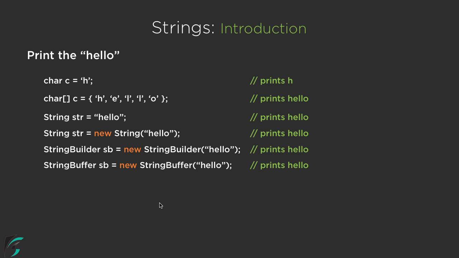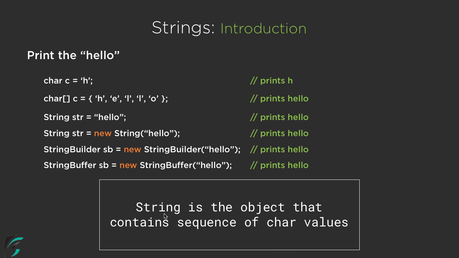At the end, I would like to define a string in Java as an object that contains a sequence of character values, and it can be created with the help of the String class, StringBuilder and StringBuffer. The concepts of StringBuilder and StringBuffer we will explore separately in our upcoming videos. As of now, in this video, let us just focus on the normal String class in Java.